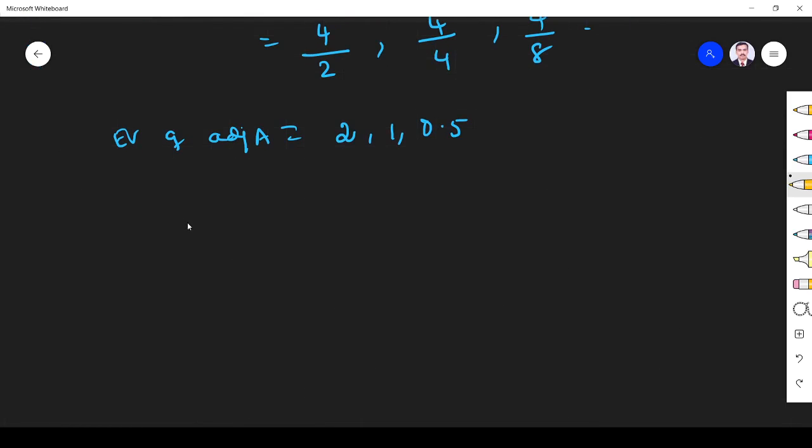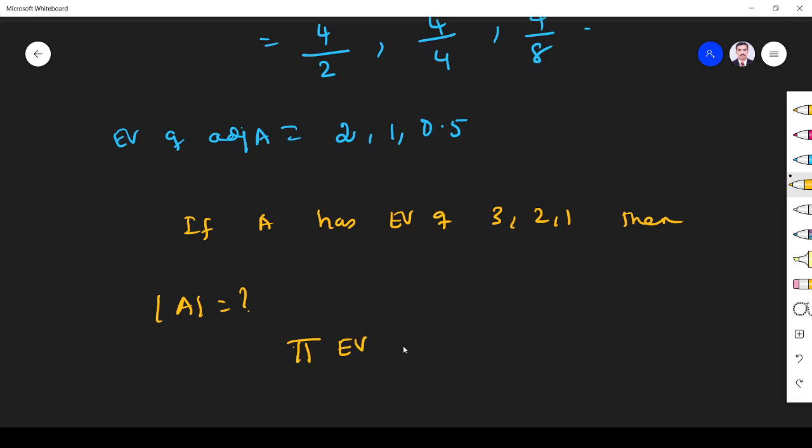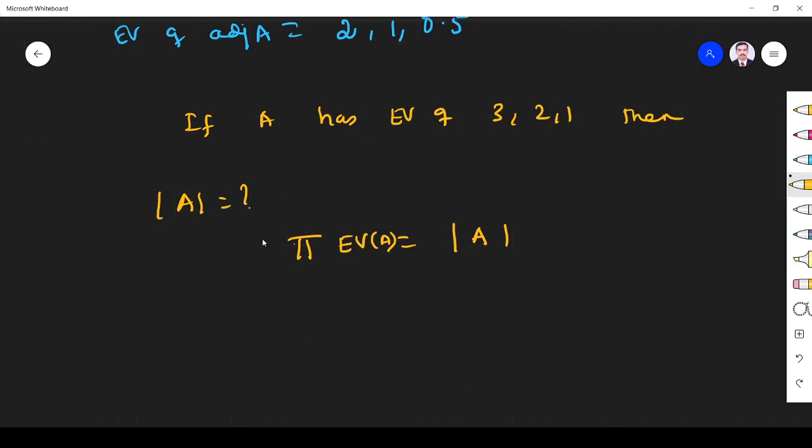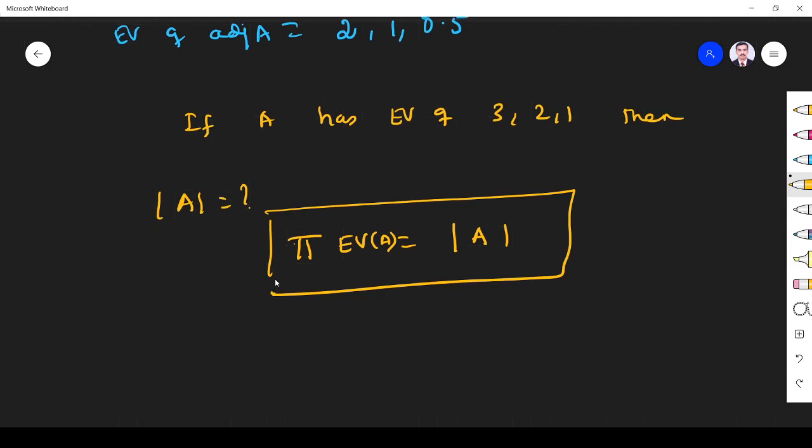Next, if A has eigenvalues 3, 2, 1, then what is determinant A? So we must know one property: the product of eigenvalues of A is equal to determinant A. So what are the eigenvalues we have? 1, 2, 3.